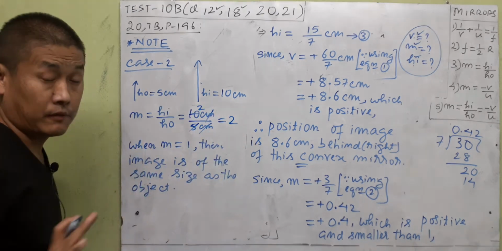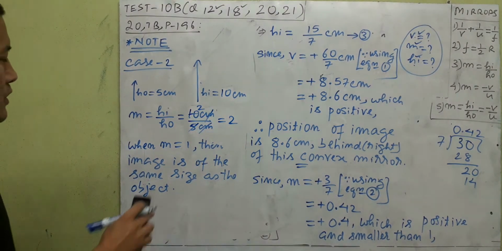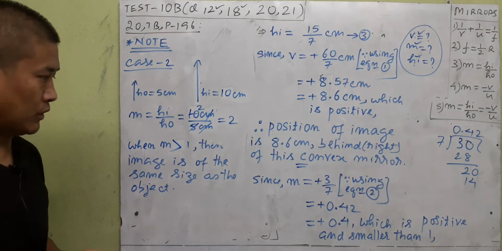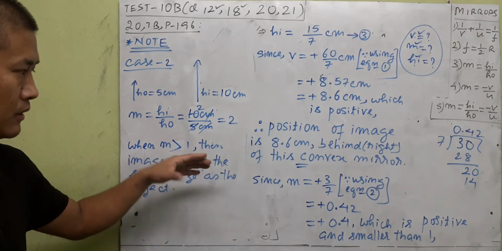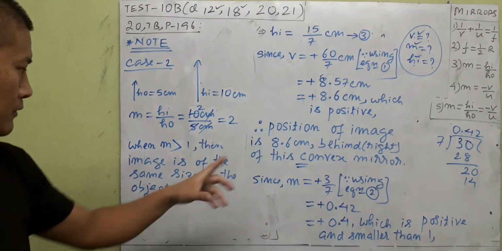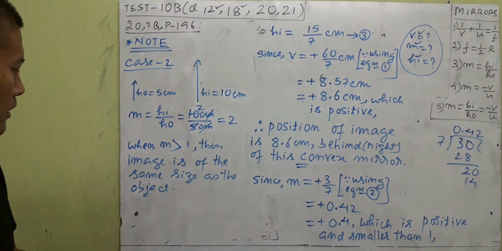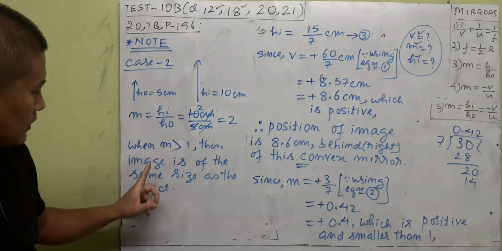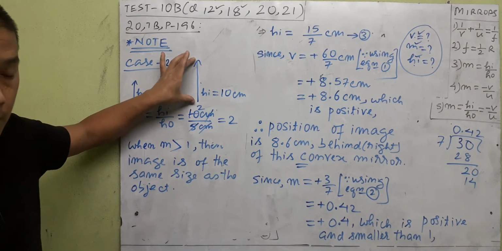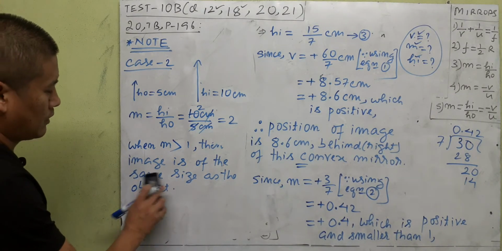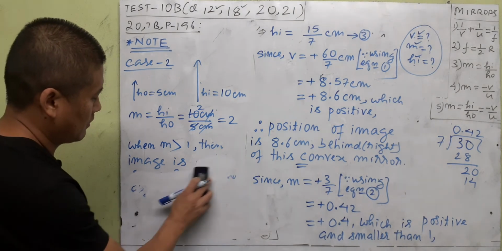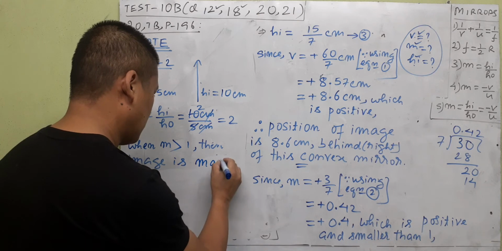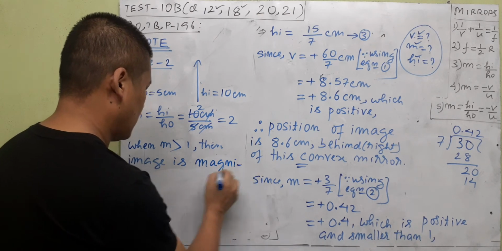In this case, we get M equal to 2, which means you will agree the number 2 is greater than 1. So when M is 2, which is greater than 1, or 3 or 4 or 5, whatever, M is greater than 1, then the image, look at this diagram, don't think too much, is what? Taller, right? Taller means we write the image is magnified.